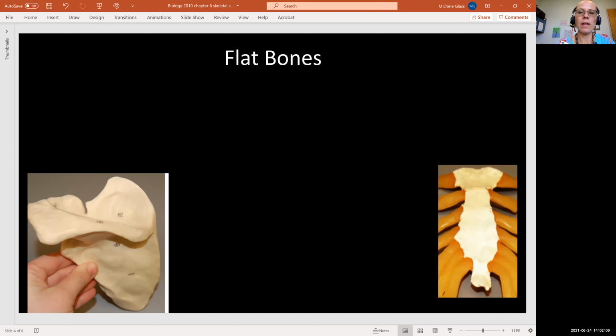When we talk about a flat bone, thin is the word that should really come to mind. And even though we call it flat, it's not flat like your table. It has some curve to it typically. Examples of flat bones include the scapula or scapulae with the AE ending for plural, your sternum, and your cranial bones.